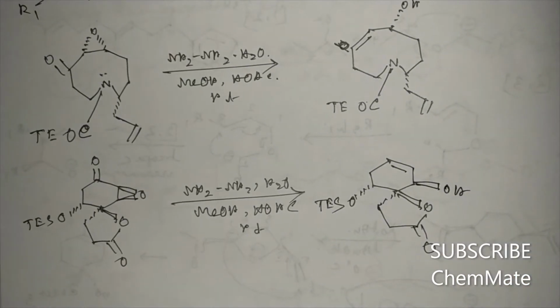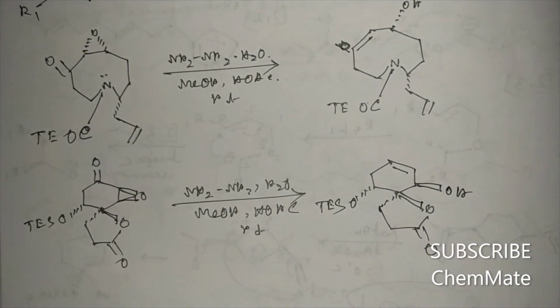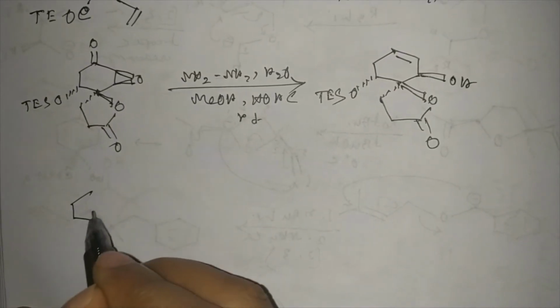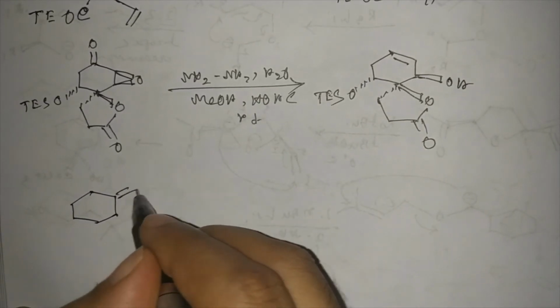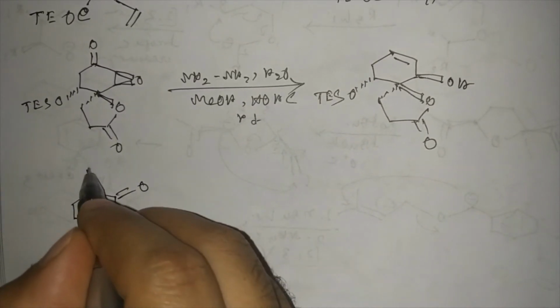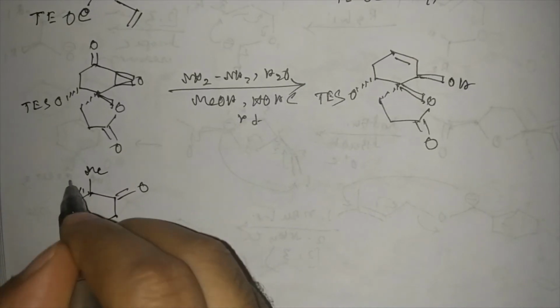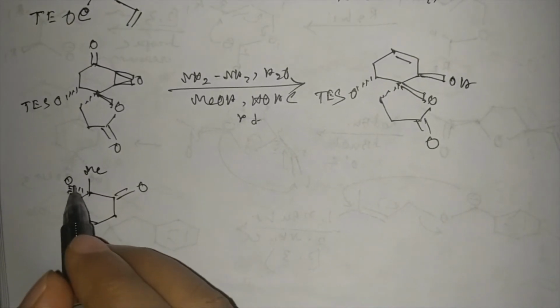Now one interesting question came in UGC-CSIR-NET June 2015. The question was: the given compound is an alpha beta epoxy ketone, and the epoxide ring is from below the plane.